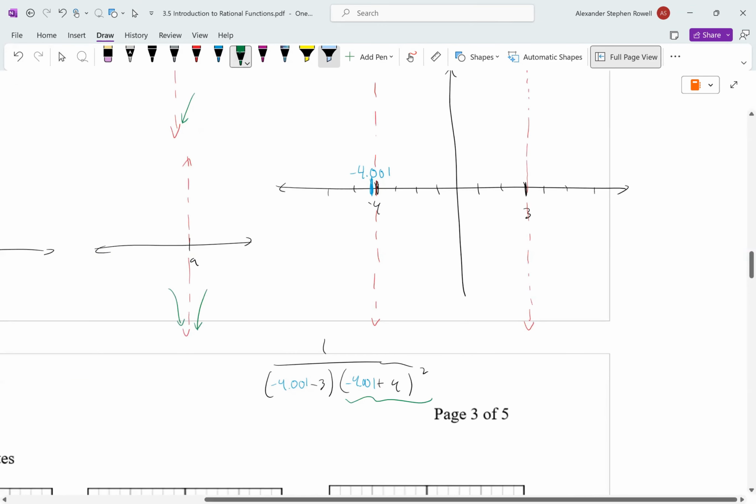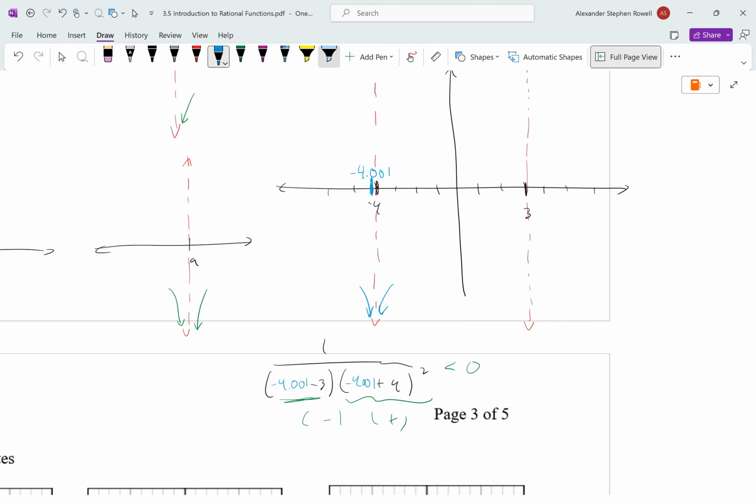If I square it, it's always positive, right? What about this number? Negative. So what's 1 over a negative times a positive? It's negative. So that tells me that should be going down. And the other side should also go down. It's going to negative infinity.